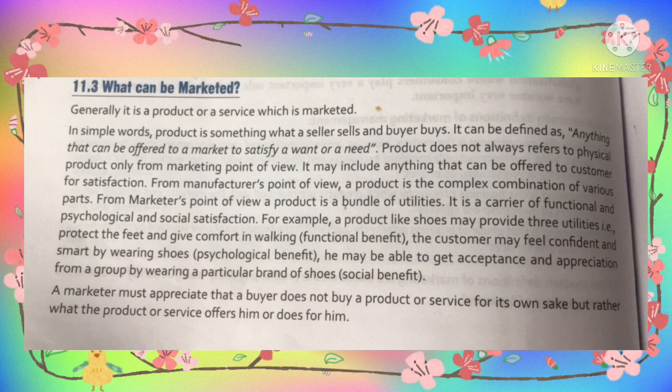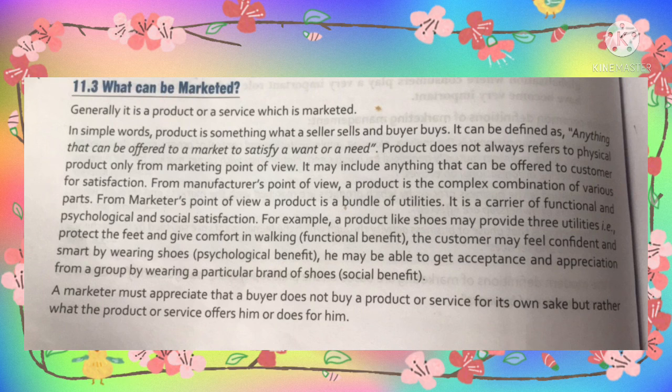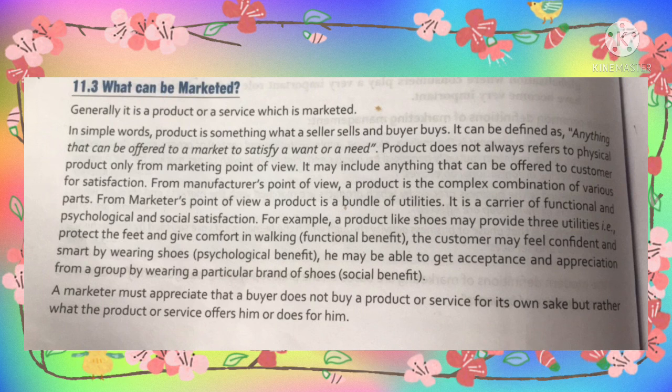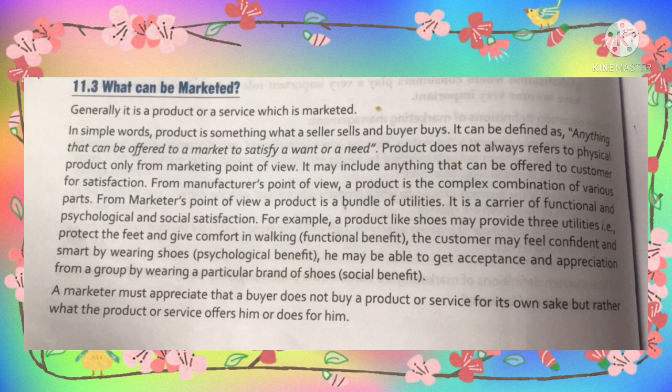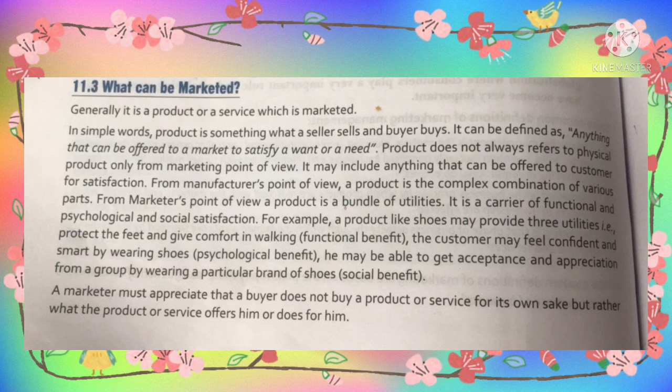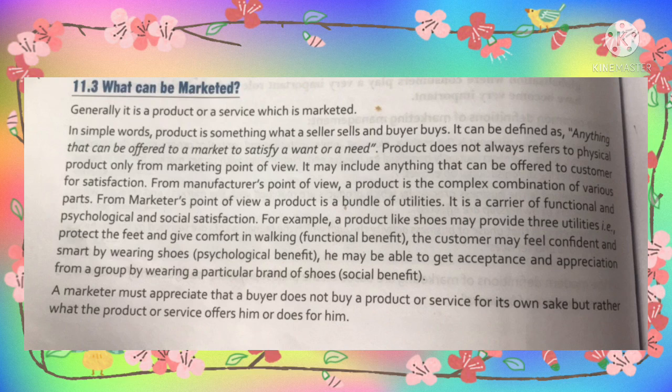It can also be defined as anything that can be offered to a market to satisfy a want or a need. Whatever product you manufacture and introduce in the market should satisfy the needs and wants of the customers.